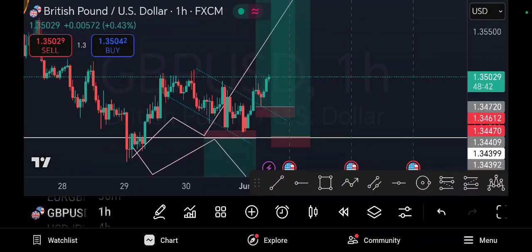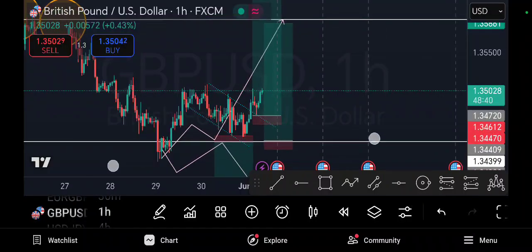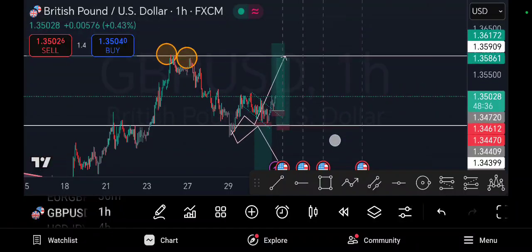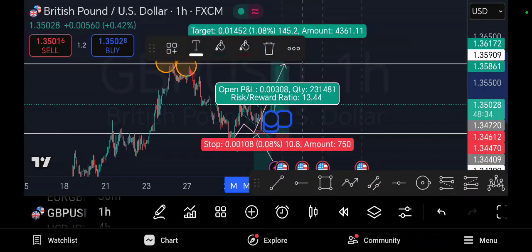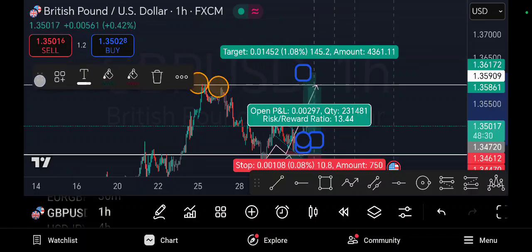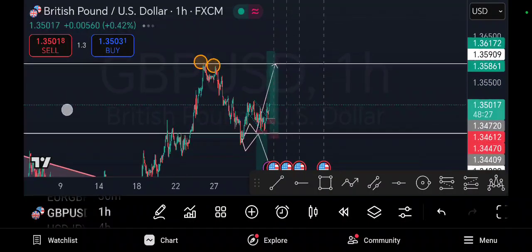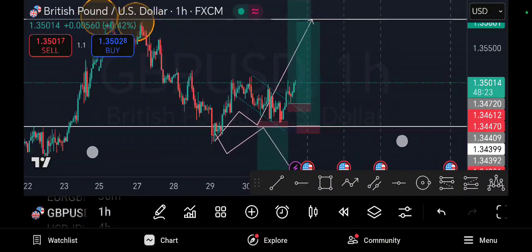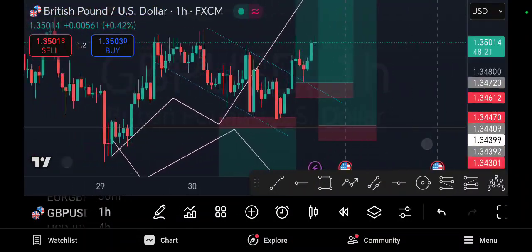Now you could be floating nicely, and your take profit will be up there, correct? And there's a high chance that it might break also. So you just have to be on the lookout for that.